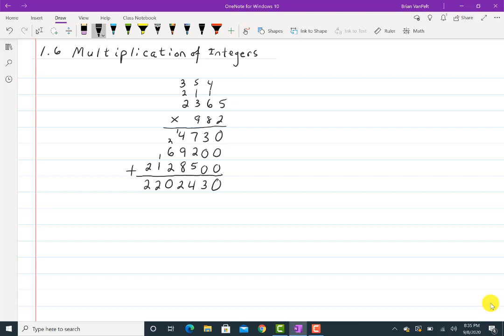So let me go through my multiplications again. I'll start back with the 8 times 5. I got a 40. Remember, I put a 0 there and a 4 up there. 8 times 6 was 48, plus 4 more was 52, so I got the 2, put my 5. 8 times 3 is 24, plus 5 is 29, and I carried a 2. You see it there? 8 times 2 is 16, plus 2 more is 18.